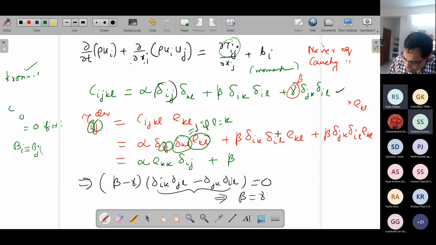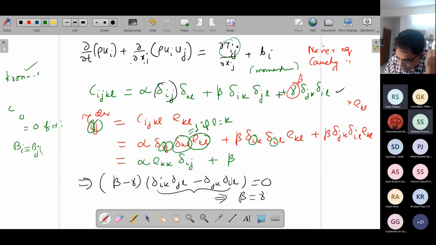Here also we do not play with I and J. So I we keep as it is. This is delta IK, and this is delta JL.